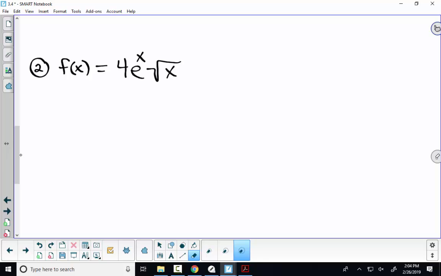So we just say half times 4 is 2. You could say it's x to the negative 1/2 times 2 times e to the x. You could say it's 2e to the x times x to the negative 1/2. Or you could say it's 2 times x to the negative 1/2 times e to the x. Either of those are valid.